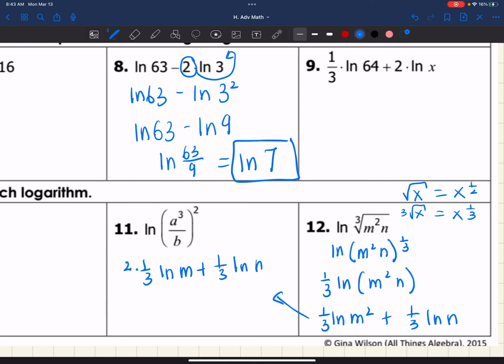And then here, what's 2 times 1/3? You just put this over 1. This will be 2/3 natural log of m plus 1/3 natural log of n. All right, I have taken the original expression and expanded it out. Again, not anything that you haven't done before. It's just now you're working with the natural log.